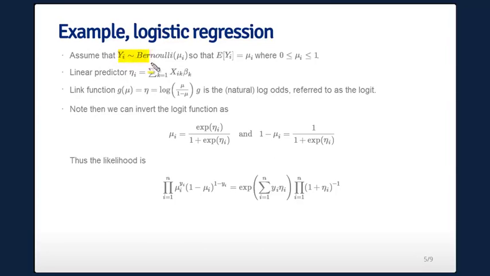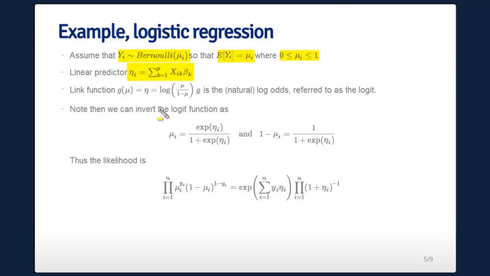Okay, let's do so-called logistic regression. Assume that our outcome is Bernoulli with success probability mu i, so that in this case the expected value of yi equals mu i, and 0 has to be less than or equal to our mu values, which have to be less than or equal to 1. I'm going to define my linear predictor right now as eta.